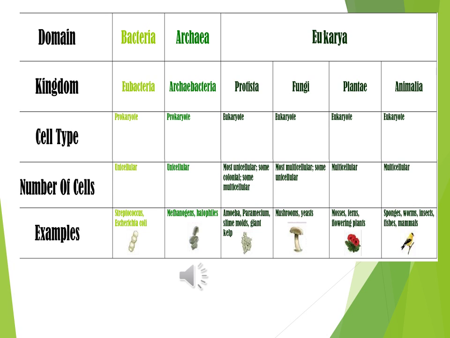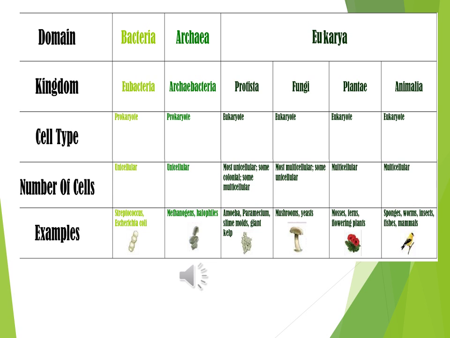Most are unicellular, some are colonial, and some are multicellular. The examples are the amoeba, the paramecium, the slime molds, and the giant kelp. In the fungi kingdom, the cell type is eukaryote. Most are multicellular and some are unicellular. The examples are the mushrooms and the yeast.